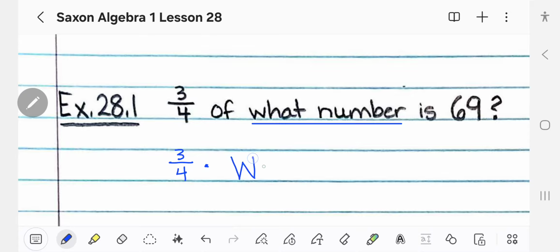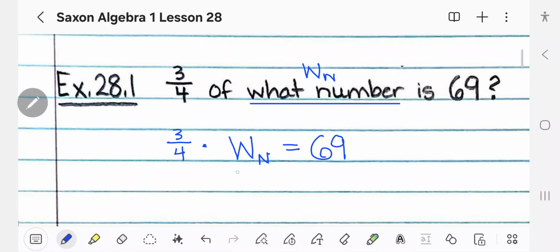Now, the difficulty is that looks like W times N. So if you did Saxon 8/7, you did it with the little n as a subscript, and that's how I'm going to write it to avoid the confusion of looking like W times N. So the what number is represented by the WN, and then the is equal, and then 69. And then we can work that problem out. That's just a regular equation.